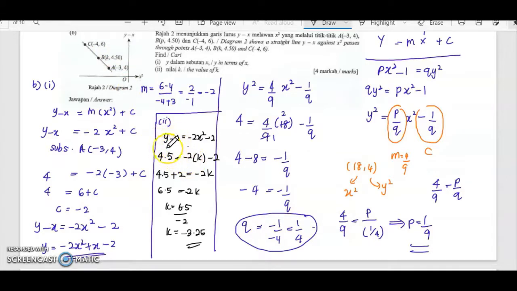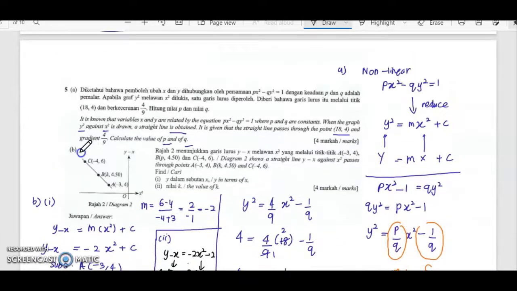So kita substitute value here, and then we'll get 6.5 equal to negative 2k, and then make k the subject, and k is equal to negative 3.25. Okay, that is question number 5B2.